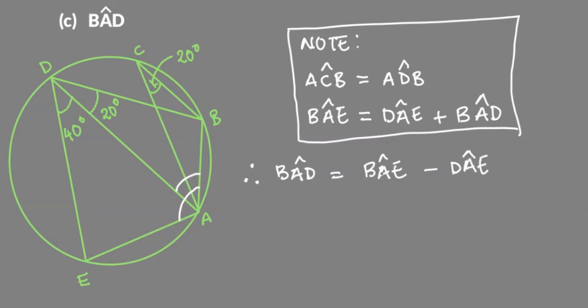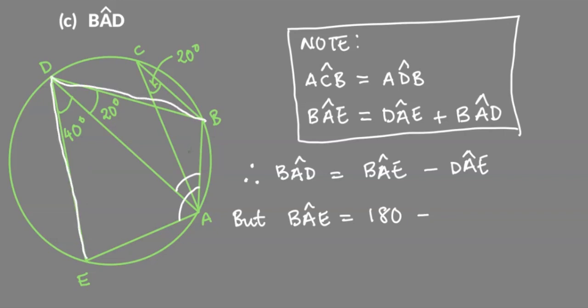Now, our job here is finding the angle BAE. It's very easy for us to find the angle BAE because we know ABDE is a cyclic quadrilateral, and we know that the angles opposite each other in a cyclic quadrilateral are going to add up to 180. Therefore, the angle BAE is equal to 180 minus the angle BDE, this angle here that's opposite BAE.